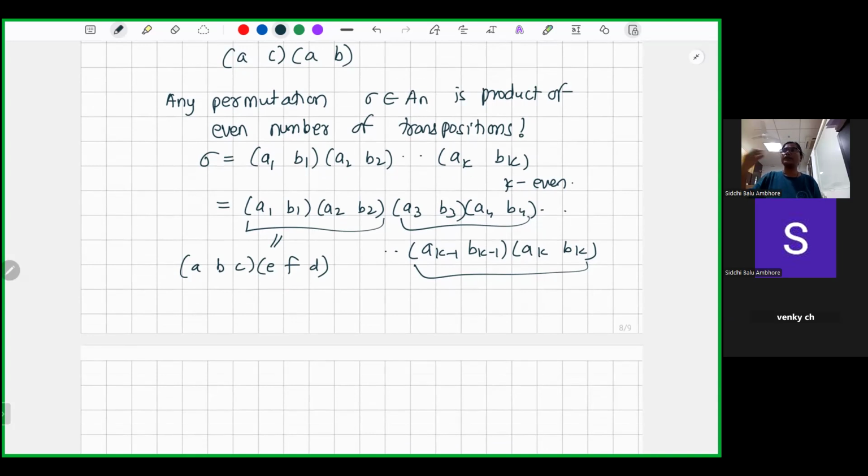So we will do that. We will try to express this in terms of 3 cycles.